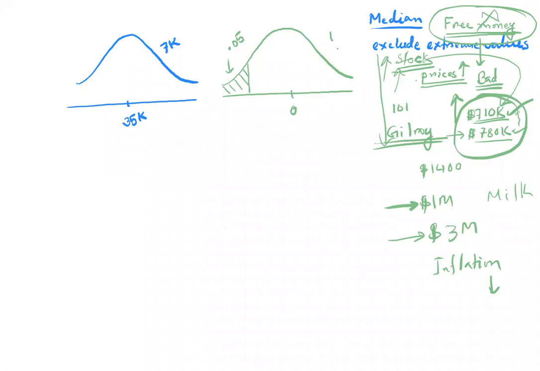Now, also keep in mind all the area under the curve is 100% or 1, okay? So this is 0.05 or 5%. Now, you want to find this point, there is going to be a z value, okay?